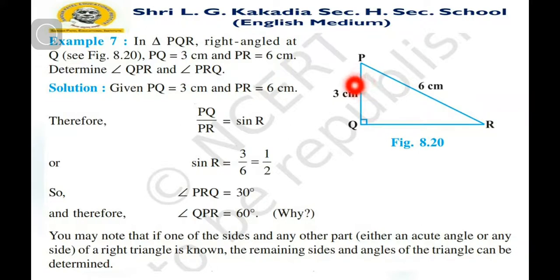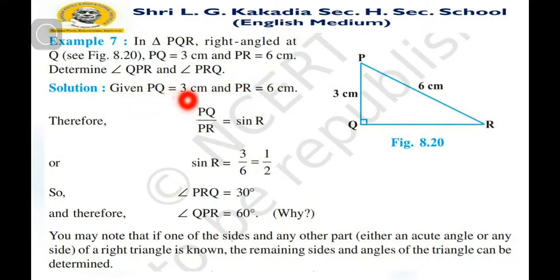Given side PQ, if you take angle P, then PQ will be the adjacent side and PR will be the hypotenuse, or if we take angle R, then PQ will be the opposite side and PR is the hypotenuse. So we take sin R, that is opposite side upon hypotenuse. So we can find this angle.